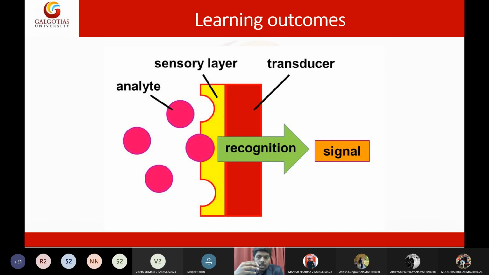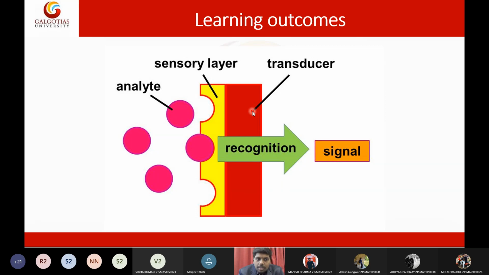Okay. So typically a biosensor consists of an analyte that it will detect, and it contains a sensor, a sensory layer that is able to sense the analyte. Then it has a transducer. A transducer is a component that will convert one form of energy to another form of energy.